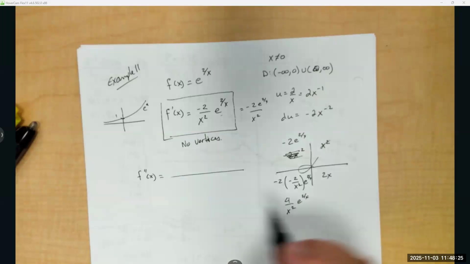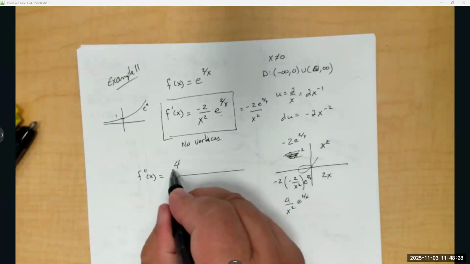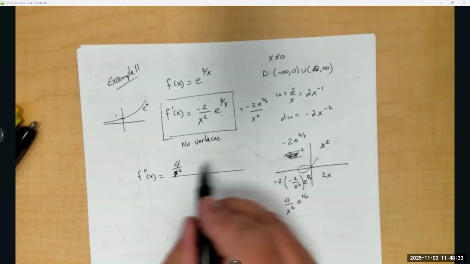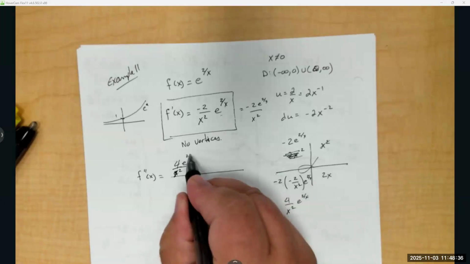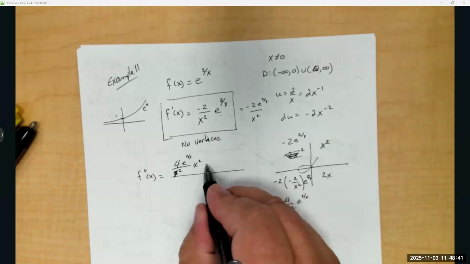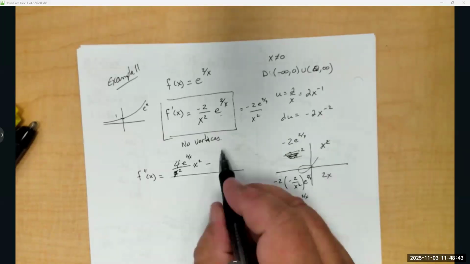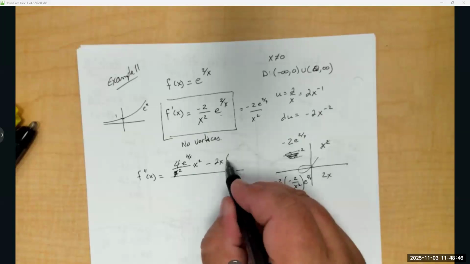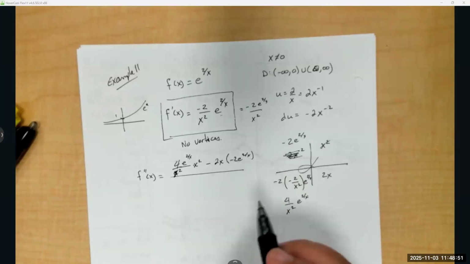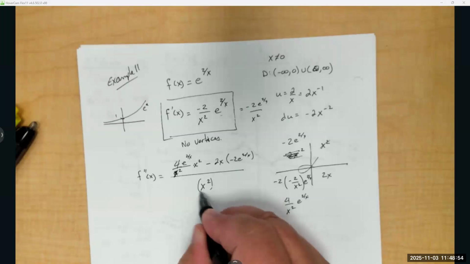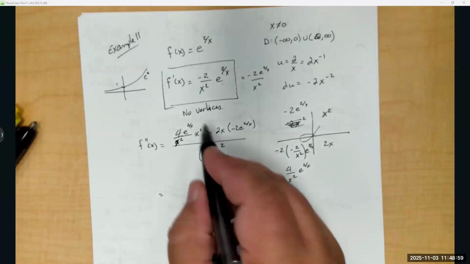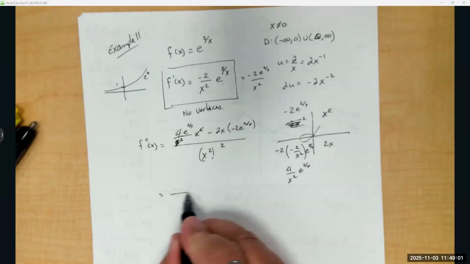So the x squares cancel. So we have 4 over x squared, e to the power 2 over x times x squared, minus 2x times negative 2e to the power 2 over x, all over x squared, squared, just x to the fourth. So the x squares cancel.